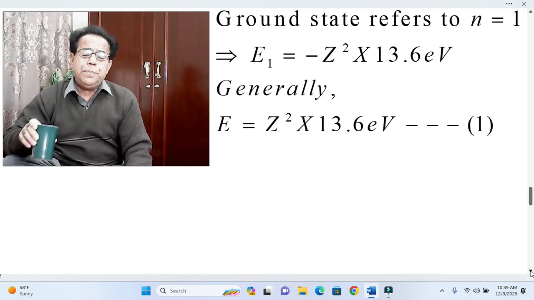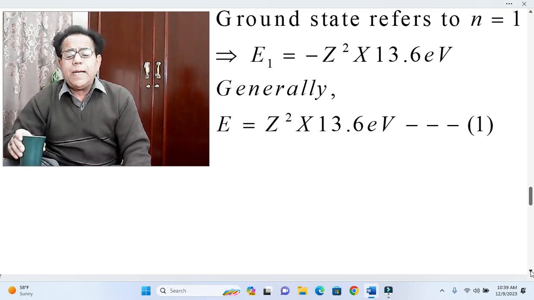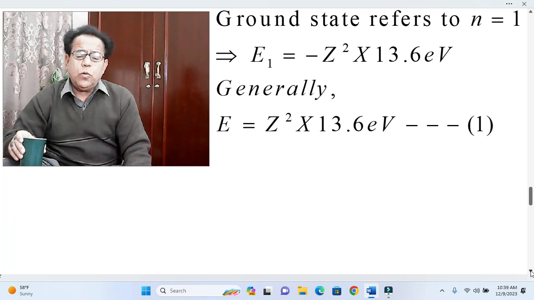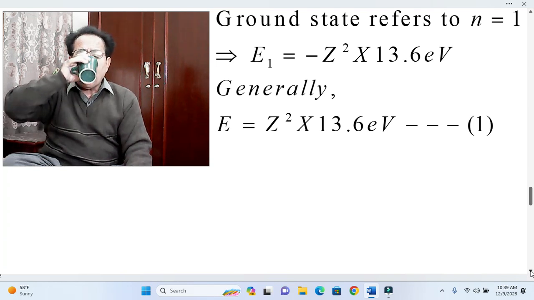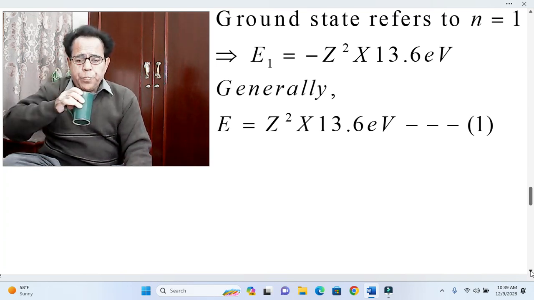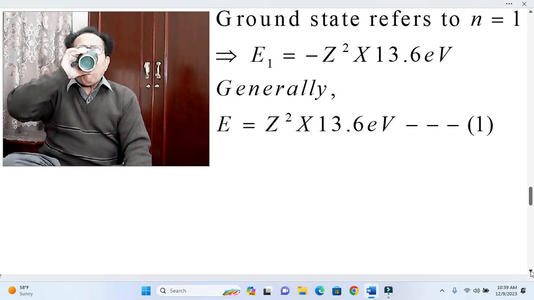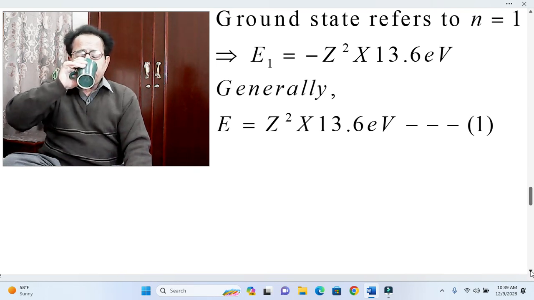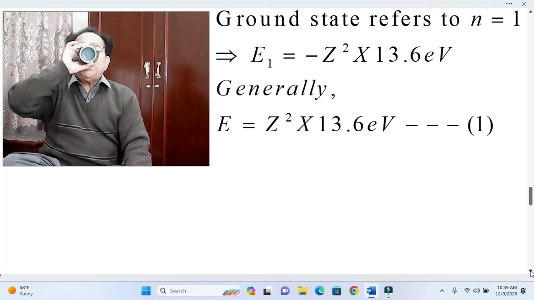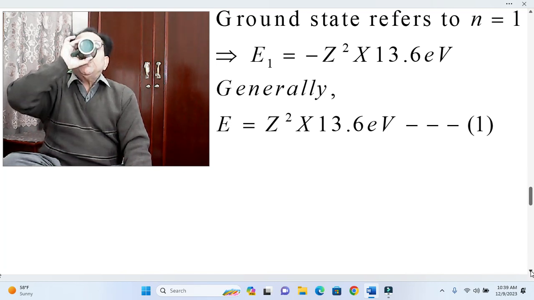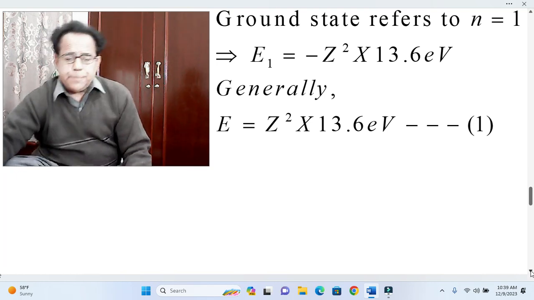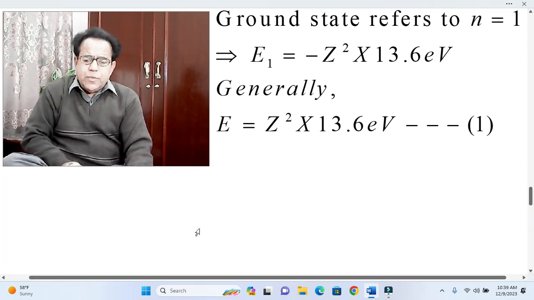Square can never be negative, and hence every factor on the right hand side is positive, and hence minus is not justified. Generally, E is equal to Z square into 13.6 electron volt.